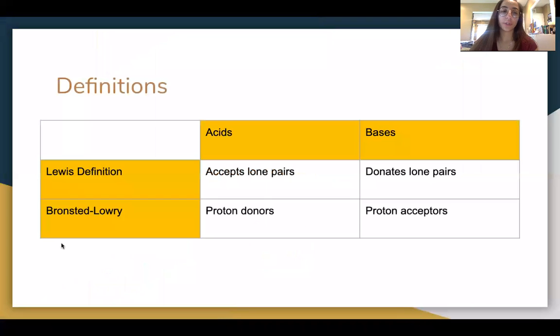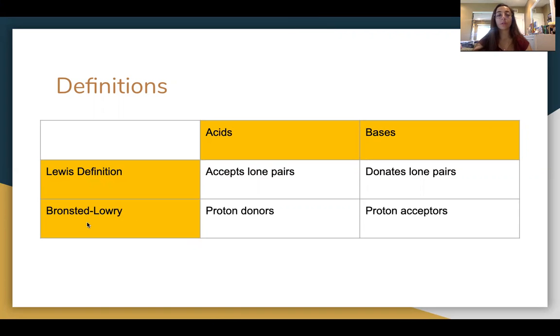So let's get started. There are two different definitions for every acid and every base, and that depends on the type of definition. There's a Lewis definition and a Bronsted-Lowry definition. For a Lewis definition, an acid accepts lone pairs while a base donates lone pairs. When I'm talking about lone pairs, I'm saying electrons, so two electrons make up a lone pair.